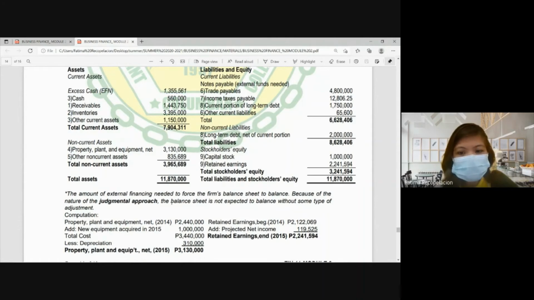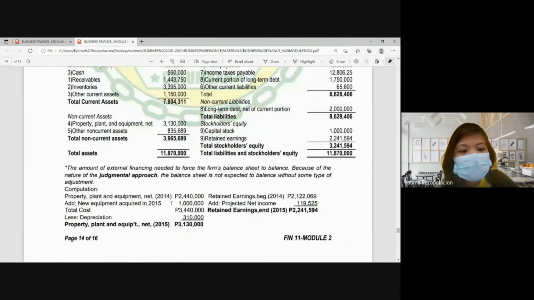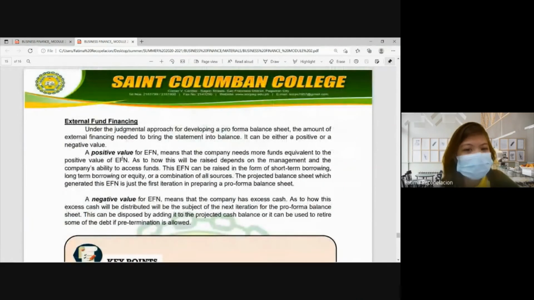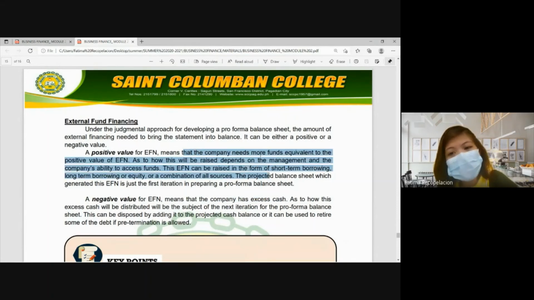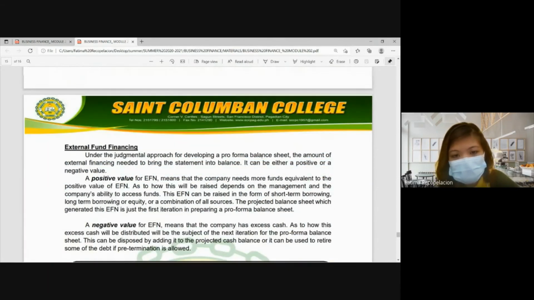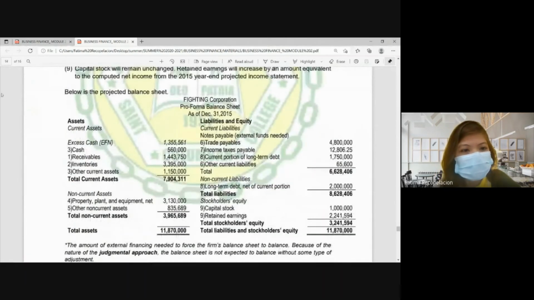So, it could be negative or positive. If negative, the company has excess cash. If positive, the EFN means the company needs more funds. Okay? So, you just put the EFN here, or if positive, there is a liability.